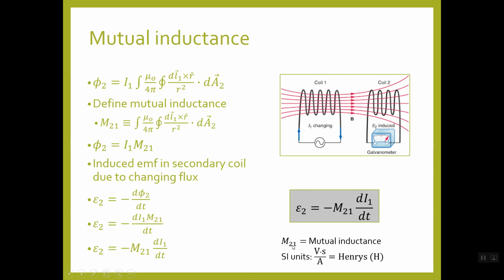And M21, this mutual inductance, we can see from what it's equal to, depends on the geometry of the coils. And the SI unit for inductance is the henry, H.